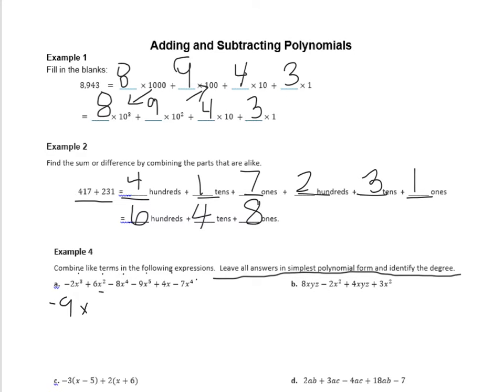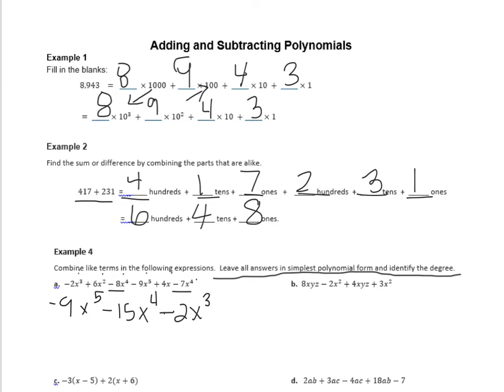Negative 9x to the 5th power. Now we'll go down to the 4th power. There's actually 2 terms. You got negative 8x to the fourth and negative 7x to the fourth. You add the coefficients and you keep the variable and the exponent the same. Negative 8 minus 7 gives us negative 15x to the fourth. We only have one term to the third power, and it's negative 2x to the third.